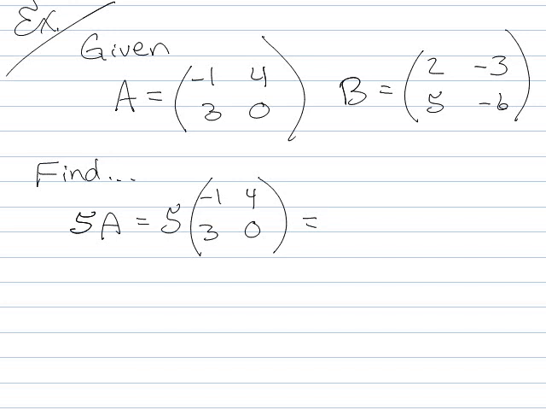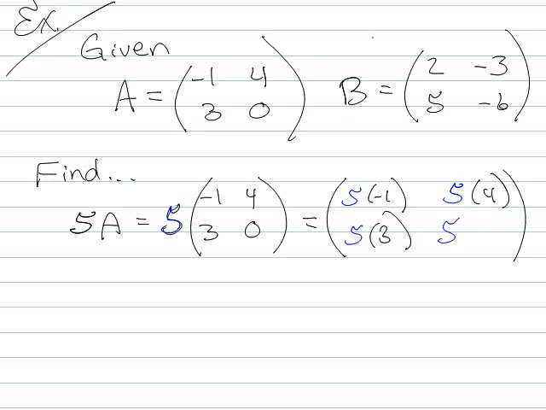So what I'm going to do is multiply every element in the matrix by 5. So 5 times -1, 5 times 4, 5 times 3, and 5 times 0. So 5A is -5, 20, 15, and 0.